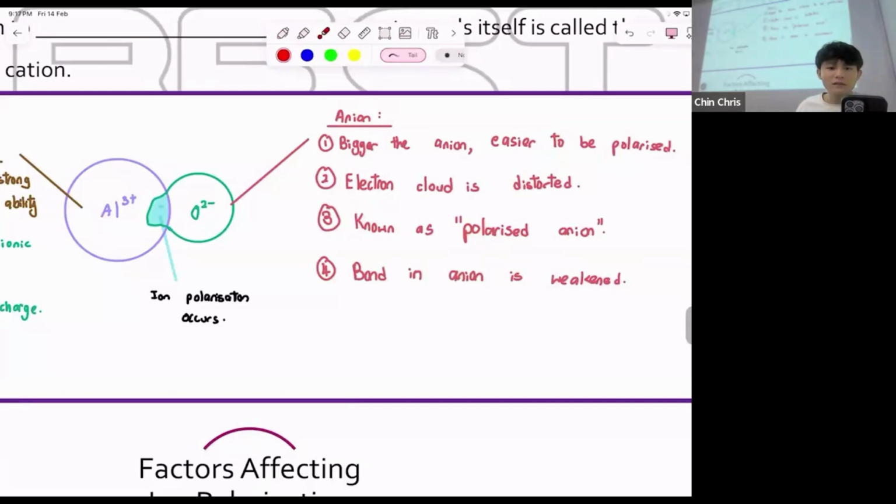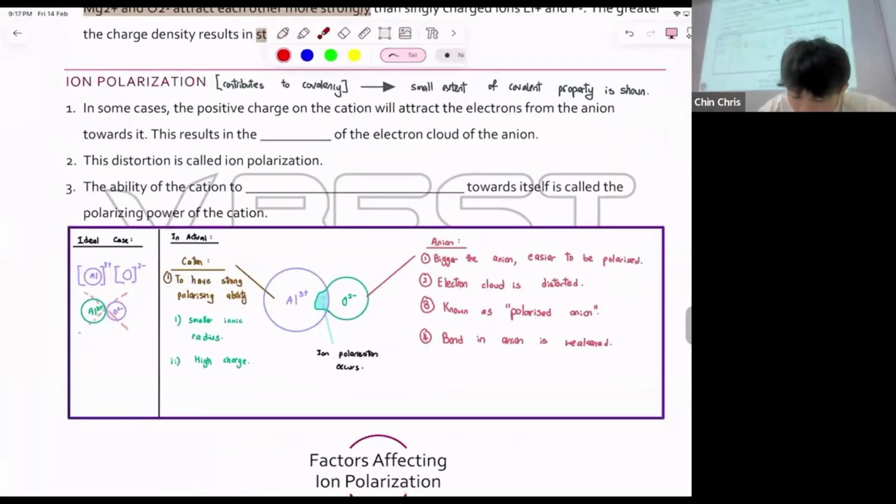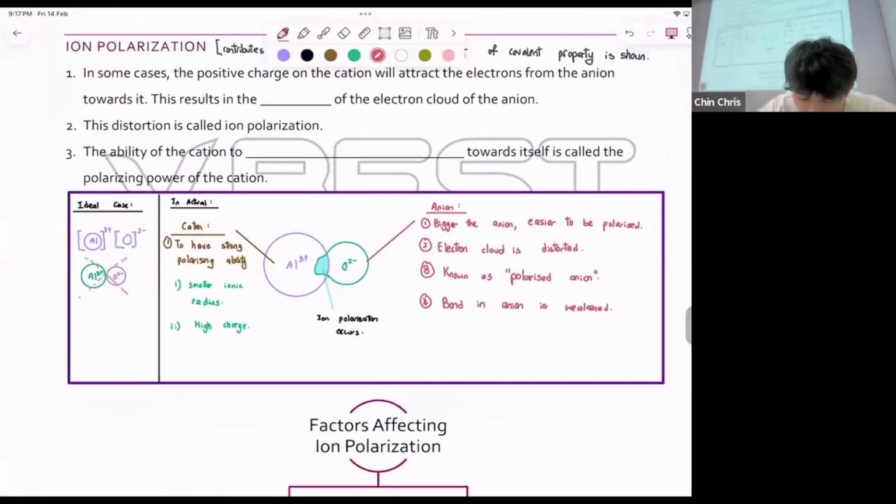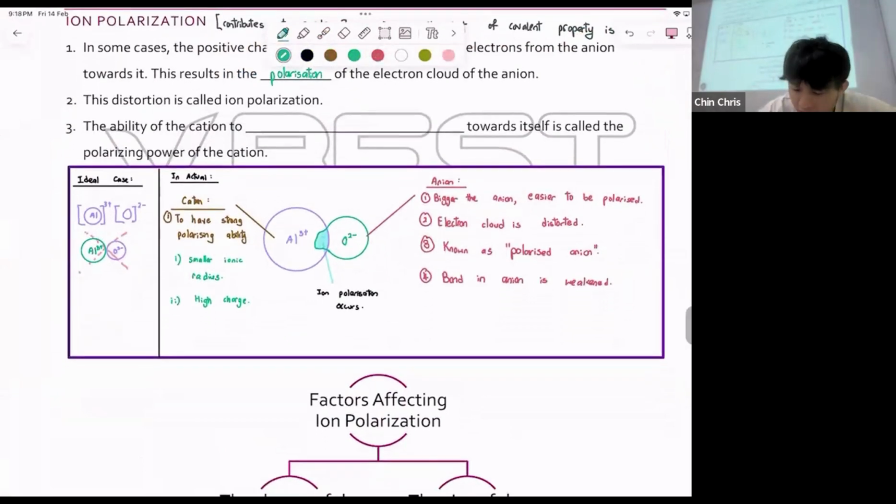Because the positive charge on the cation will attract the electrons from the anion. So this results in the polarization of the anion electron cloud. Okay, the ability of the cation to pull the electrons towards itself is known as the polarizing power.